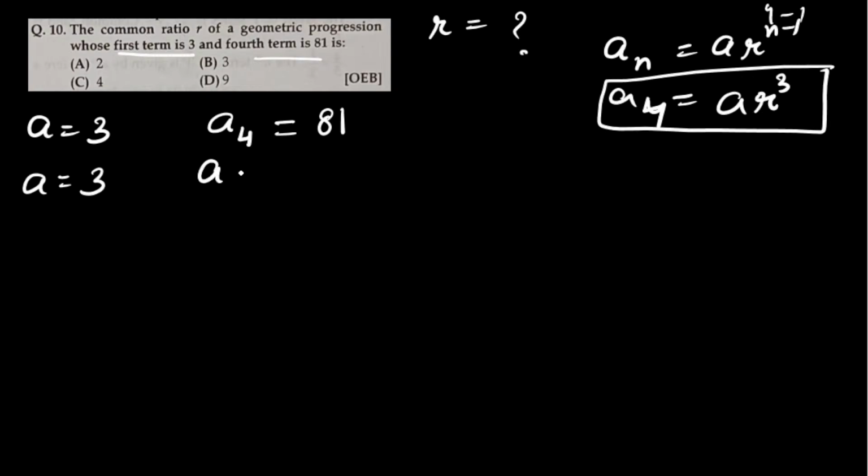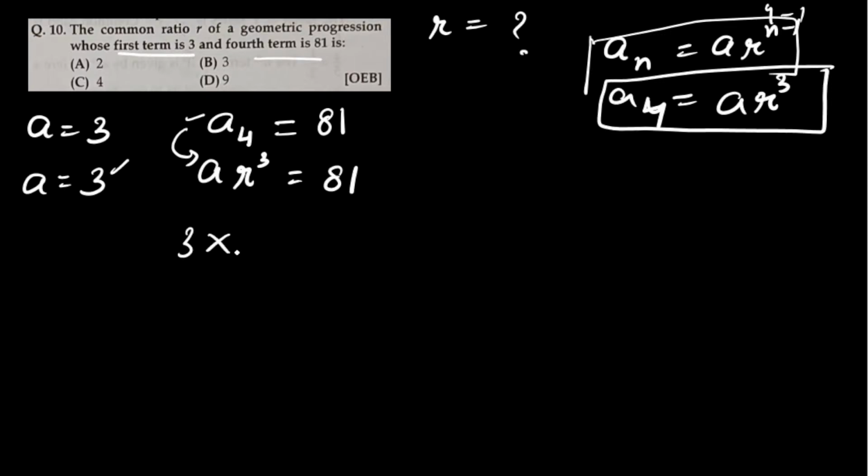So here we can write AR to the power 3 is equals to 81. First of all, I am writing in symbolic form, then in the next step I am expanding it using the general formula of AN. Now we can substitute the value. A's value is given to us as 3. So 3 into R cube is equals to 81.